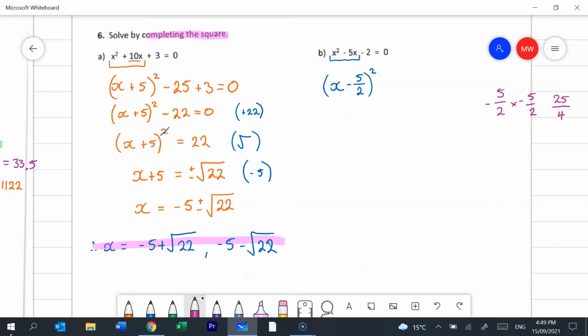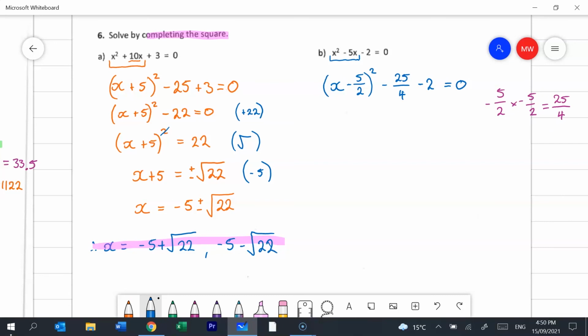So I've now got 25 quarters, okay? And so what I need to do is I need to take that away, because that should never have been there to begin with. So I'm going to take away 25 quarters, and I've still got that little minus 2, but that's going to be really, really hard to collect like terms.